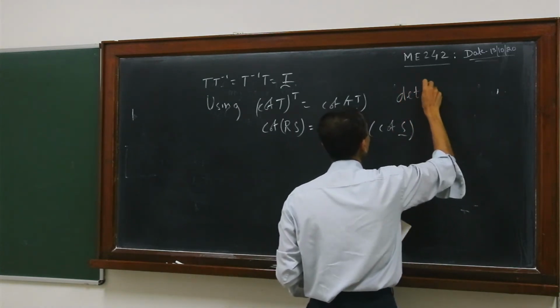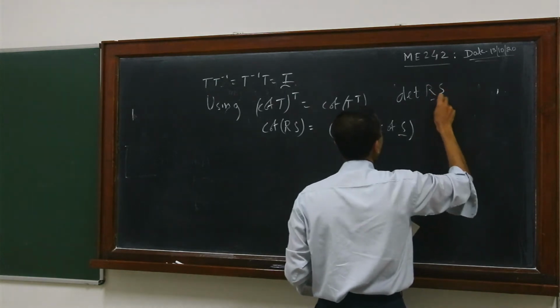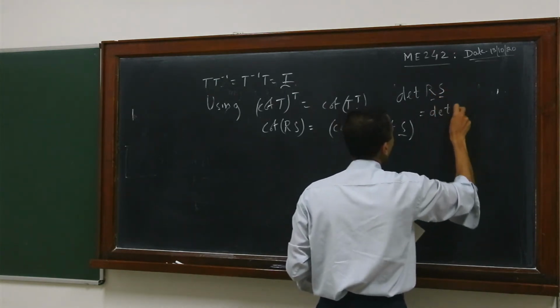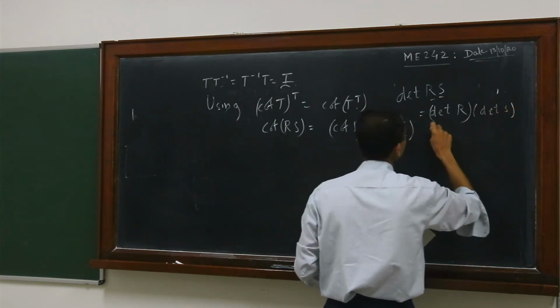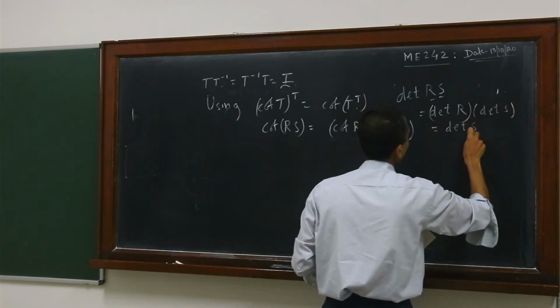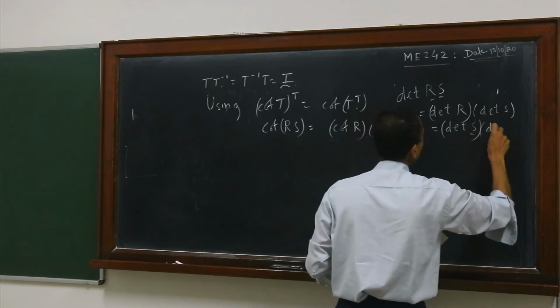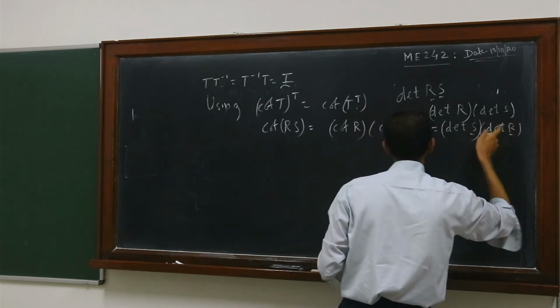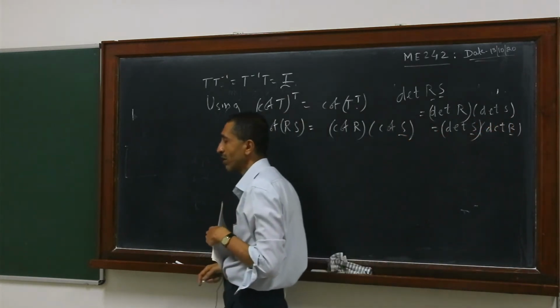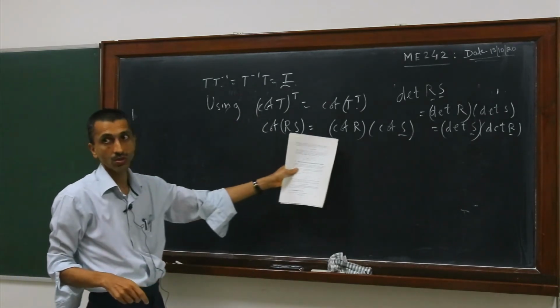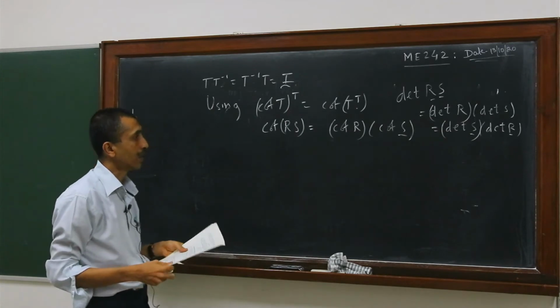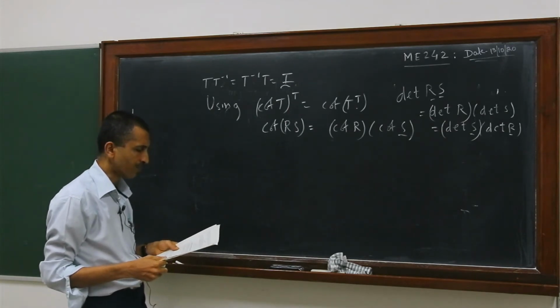So determinant of RS you can write as equal to determinant R times determinant of S, correct? And you can also write this as equal to determinant of S times determinant of R, correct? So here the interchanging is allowed because these are scalars, but here these are second order tensors. So as I said, you have to be careful that you should not interchange the order of this cofactor.